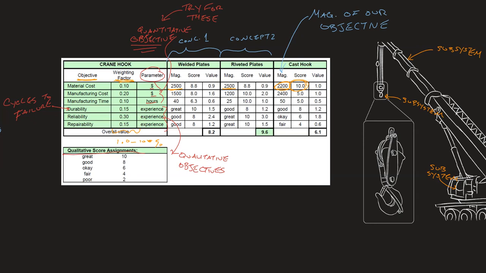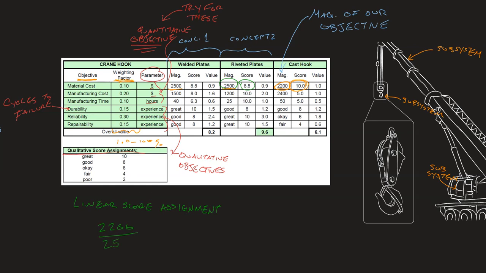So now we go down to my next design that's more expensive, and we go, okay, how do I come up with my score of 8.8 for my other option that has 2,500 for its magnitude? There are a couple of different options for ways to do it. The simplest one is to do linear score assignment. So what we are going to do is take our $2,200 example and say this is my best score.